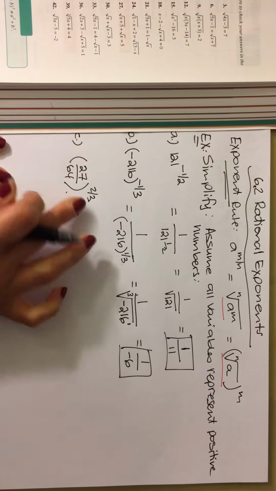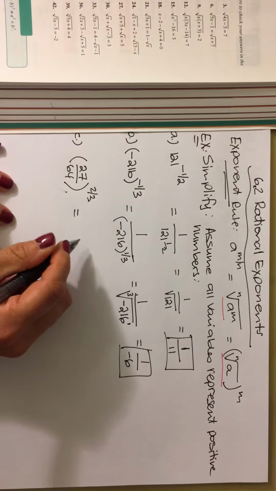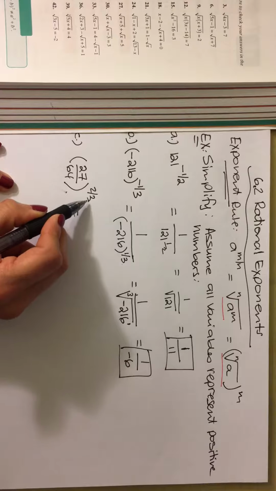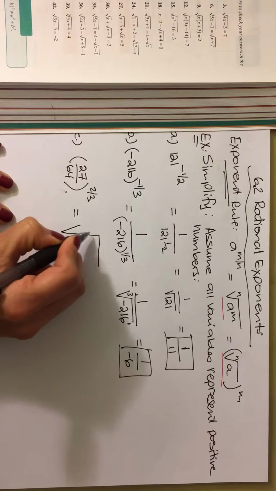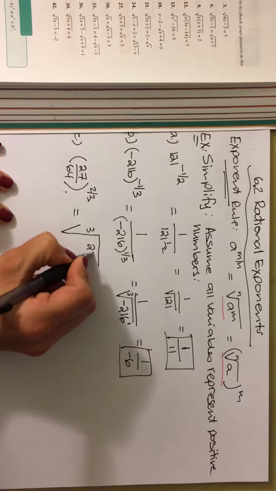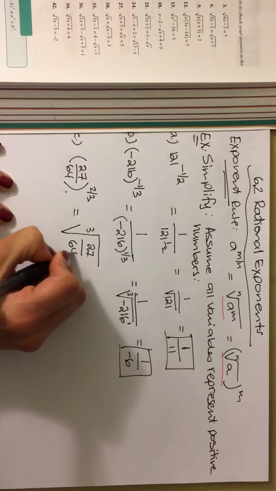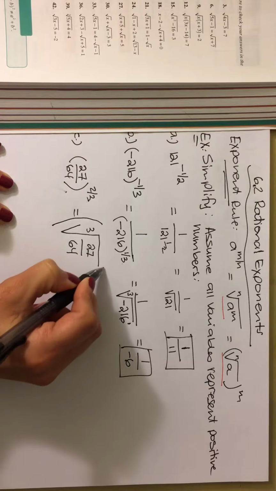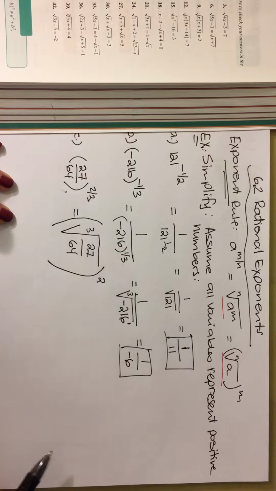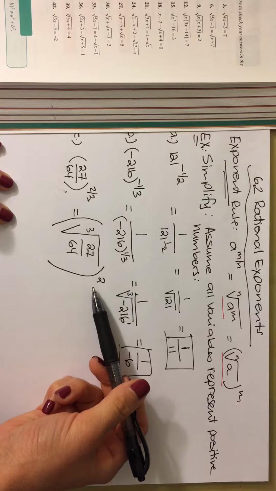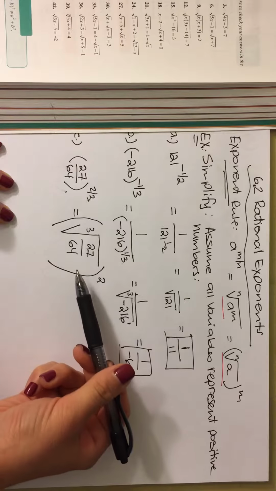But that's okay, we're just going to apply the same rule. So this is a cube root 27 over 64, and we're going to put exponent of 2 on the outside because it's easier to square at the end rather than at the beginning.